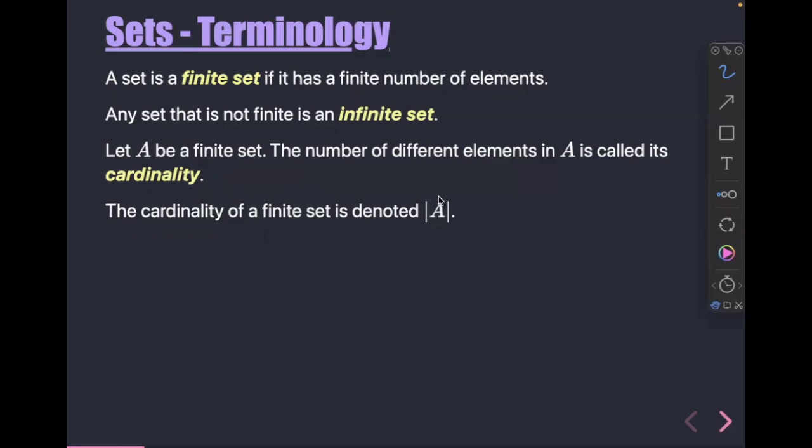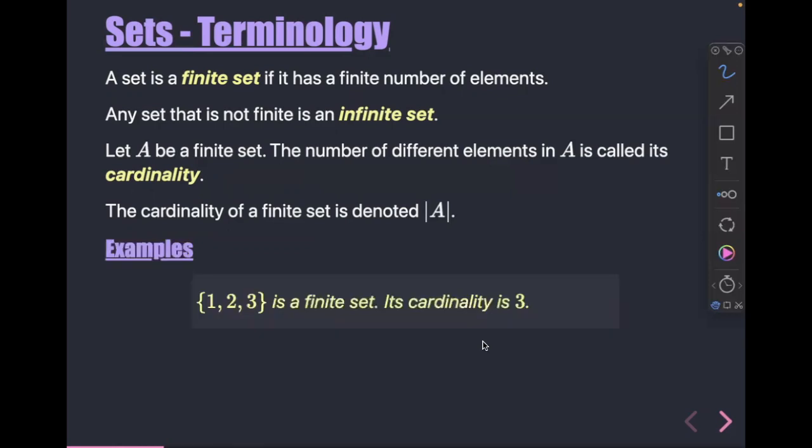So for set A, the two bars on either side are talking about the size of set A, the number of elements in that set. For the set I defined previously, 1, 2, and 3, since there are 3 elements in that set, its cardinality is 3.